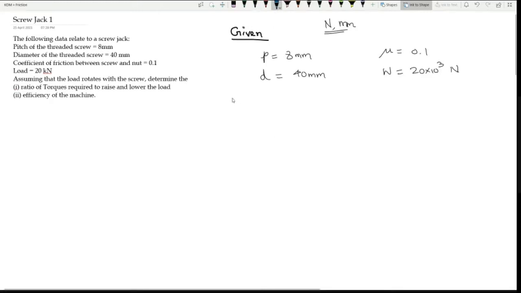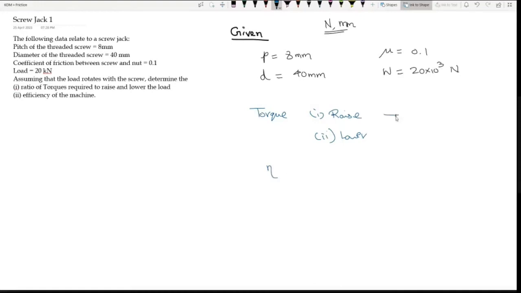What are the things you have to identify? The torque to raise, the torque to lower, and the efficiency. Can you tell me the formula?